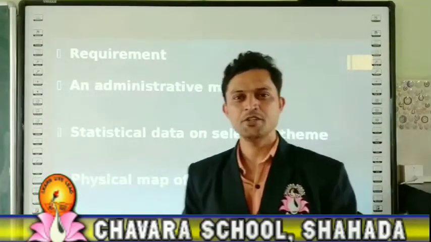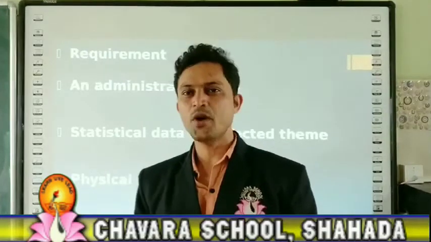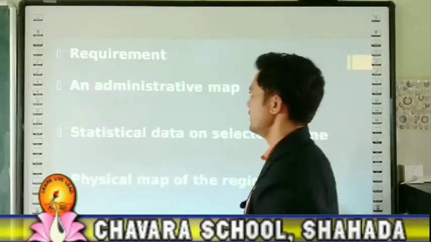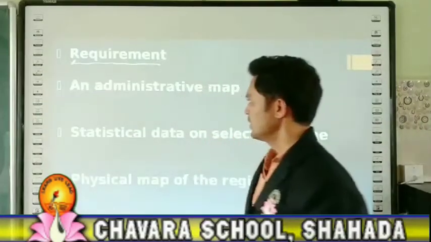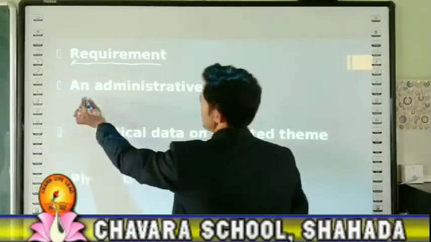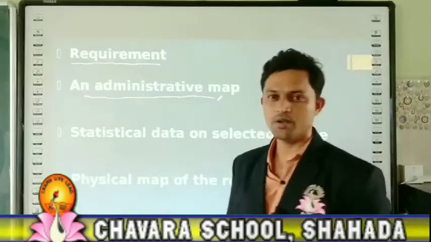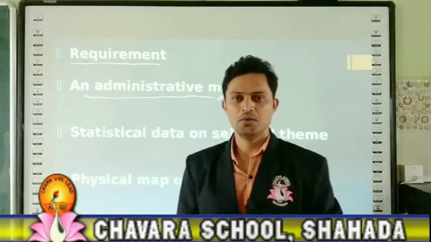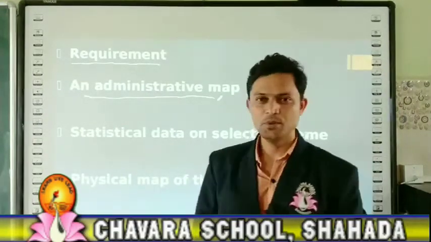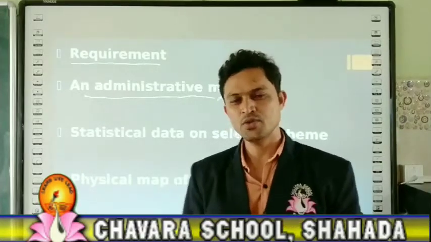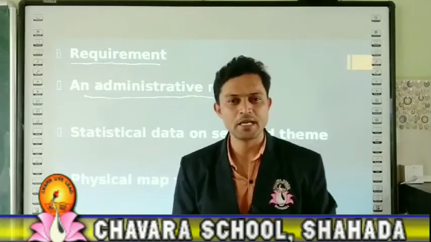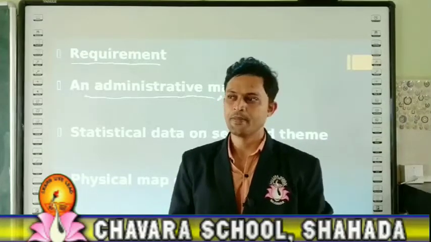For preparing distributional maps using the dot method, you certainly require some things. There are some requirements, like you should have an administrative map of that particular region. Why? You should have this map to draw the dots upon it, showing the distribution of different variables of that region.